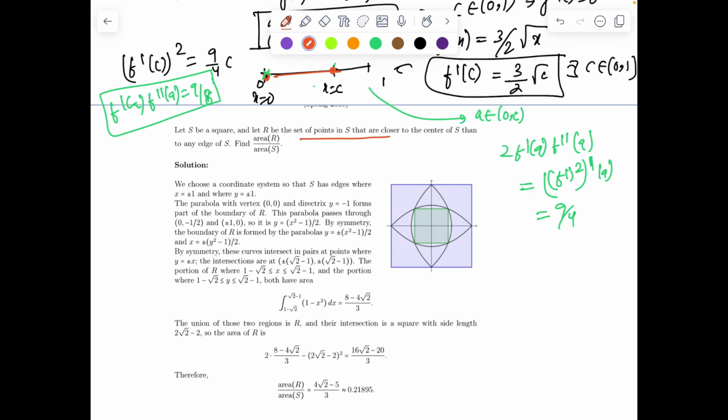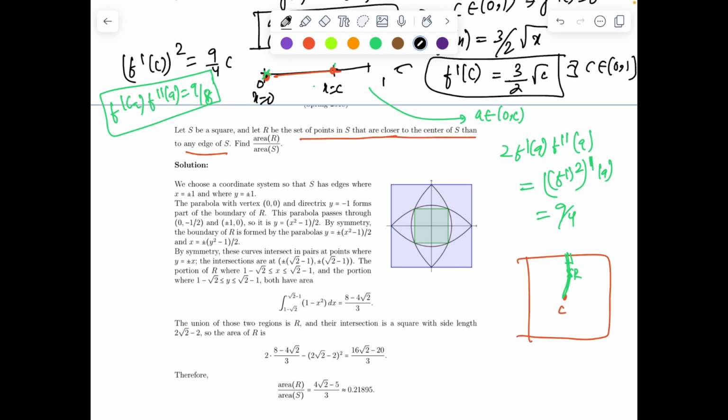Let S be a square and R the set of all points in S that are closer to the center than to any edge. So if we have a square over here and the center of the square, let's see: if R is any point which is closer to the edge, it means this distance is lesser than this.